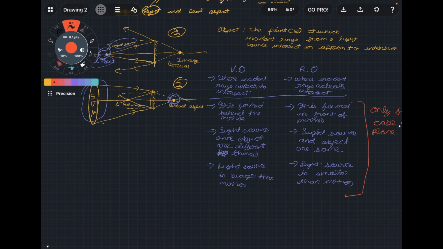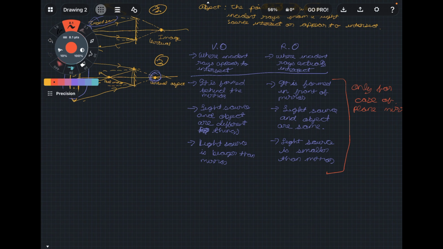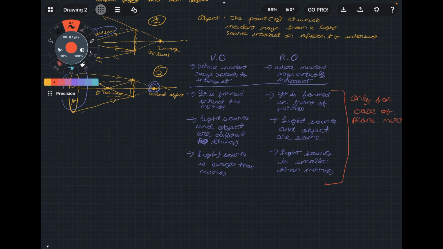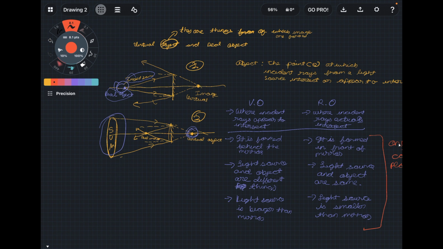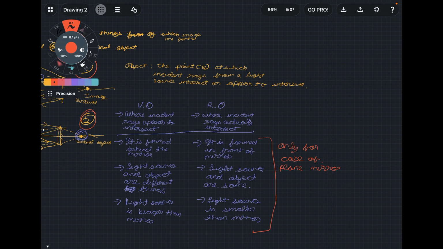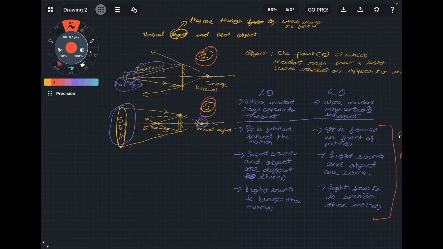We'll have different cases for convex or concave mirrors, and it's honestly not very hard to figure out. You just perform these two experiments, 1 and 2, once again, but instead of the plane mirror, have a convex or a concave mirror, and you can find your cases for that. It's pretty simple.